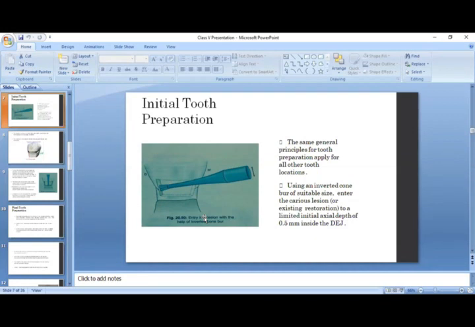So the inverted cone burr somewhat resembles a triangular shaped burr. The beauty of that design is that it has a wide base, which helps us design that axial wall, and the depth, as already mentioned, is 0.5 millimeter into the dentino enamel junction.